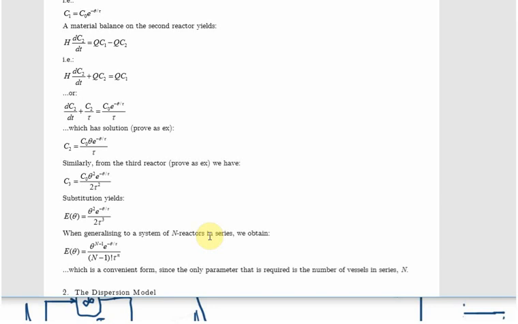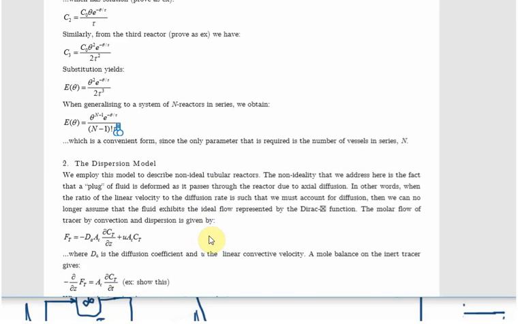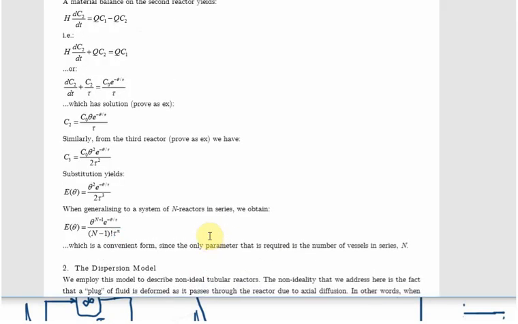So when you have n tanks, it's theta to the n minus 1 e to the minus theta over tau, and then you have this tau to the n as well. And then here we saw for 2 tanks it's a 1, and then for 3 tanks it's a 2. You can show generally it's n minus 1 factorial here. So that's the general solution to n tanks in series.